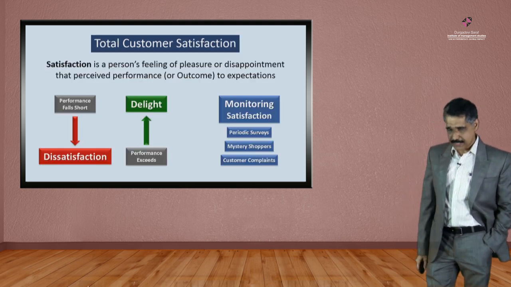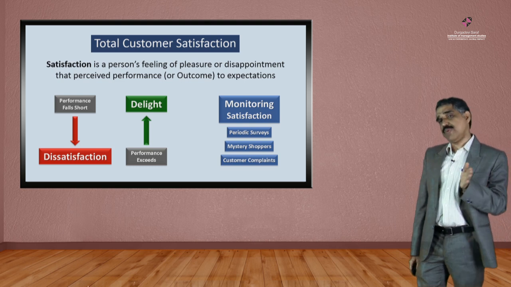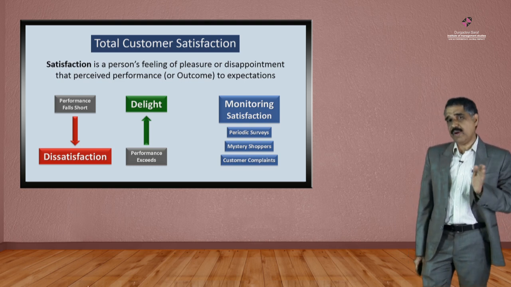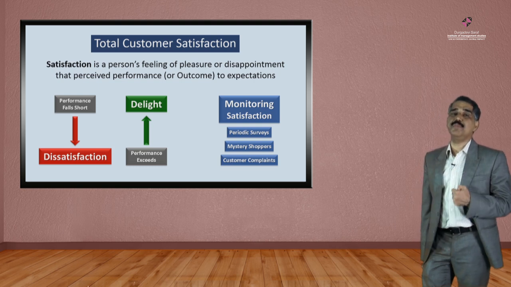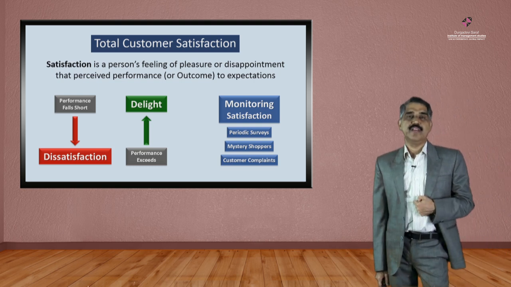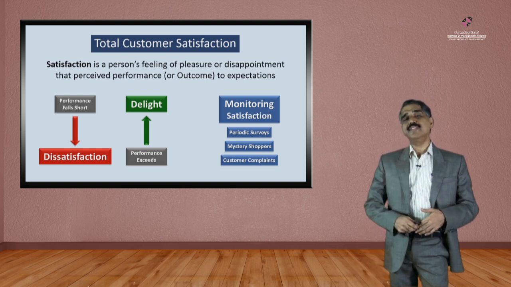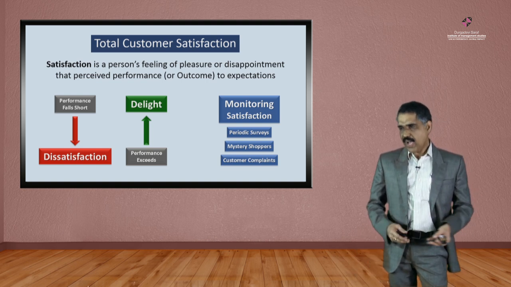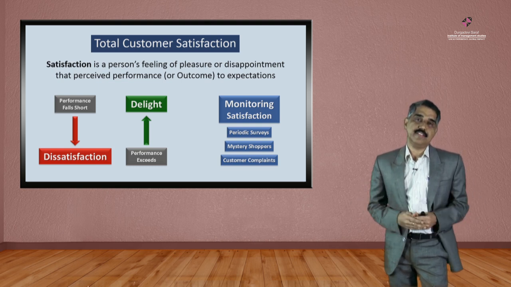Now look at here. From the perceived value and the loyalty, I'm taking you to total customer satisfaction. Now, what do you mean by total customer satisfaction, or what do you mean by satisfaction? See, I take some food and I say I'm satisfied.